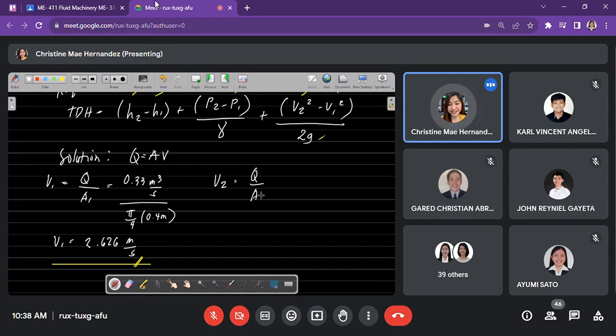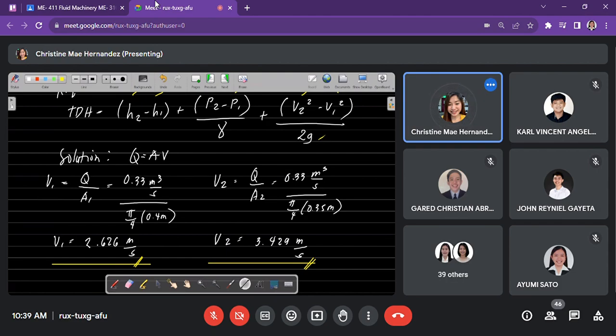Velocity 2 naman, Q over area 2. So, 0.33 cubic meter per second over pi over 4 times 0.35 meters squared. So, ang ating velocity 2 ay equal sa 3.429 meters per second. Since meron na tayong computed velocity, pwede na nating i-substitute yung ating velocities doon sa velocity head ng ating TDH or total dynamic head.